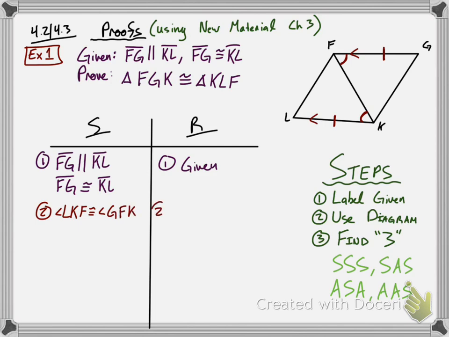And our reasoning here is that when we have parallel lines cut by a transversal, alternate interior angles are congruent, and that is our theorem for alternate interior angles. So if you're keeping track, right now we have a pair of sides and a pair of angles.